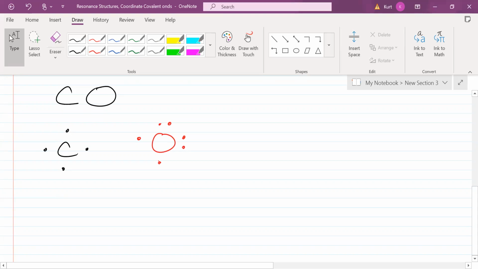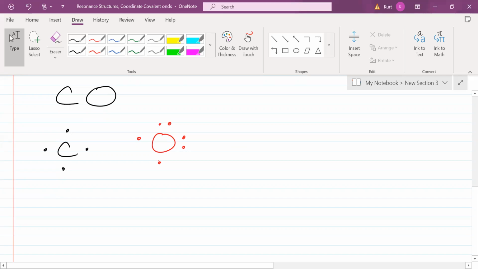You have 8 there. So you have 2 on one side of the carbon and 4 on the facing side of the oxygen. The electrons that face each other have to be an equal amount. You have 2 on the right side of the carbon and 4 on the left side of the oxygen, so you have 2 facing 4. Couldn't one of them be coordinate? Yeah.